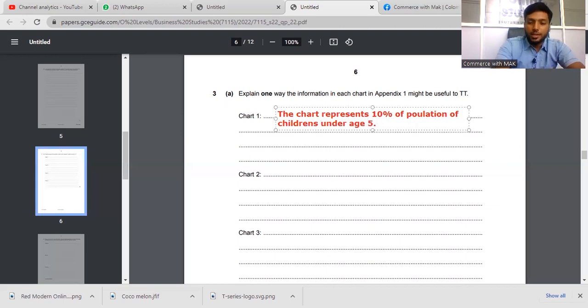Or you can also write: under age 5, there are 10% of the population in country Z. The chart represents 10% of the population in country Z of children under age 5. This helps TT to find out the customer base. So this is one very easy way of writing: look at the chart and explain the particular chart. So, moving on to chart number 2.